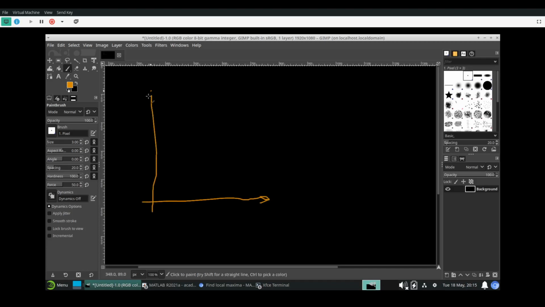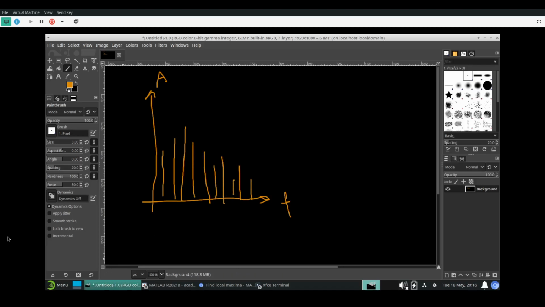So let's say you have amplitude versus frequency. Your input frequencies can be randomly distributed if you use a multi-frequency signal.